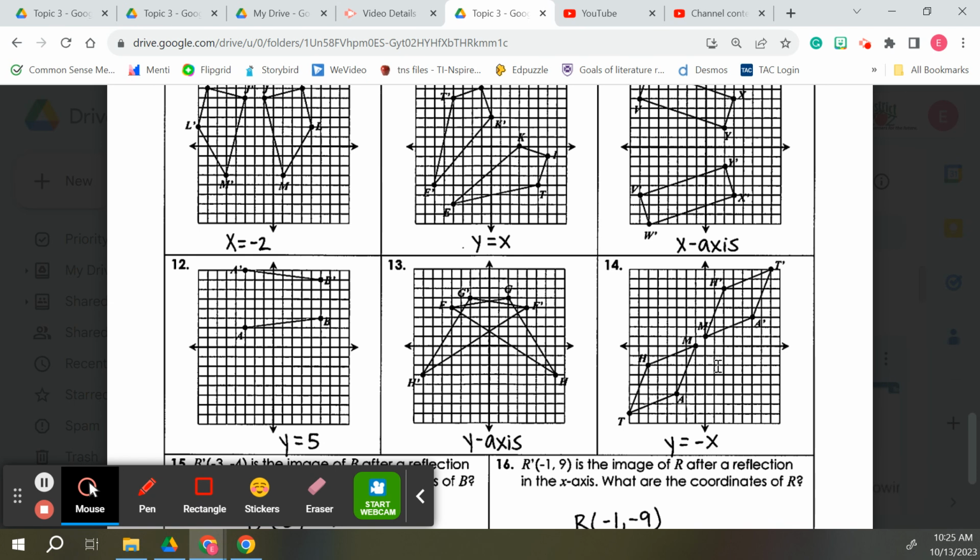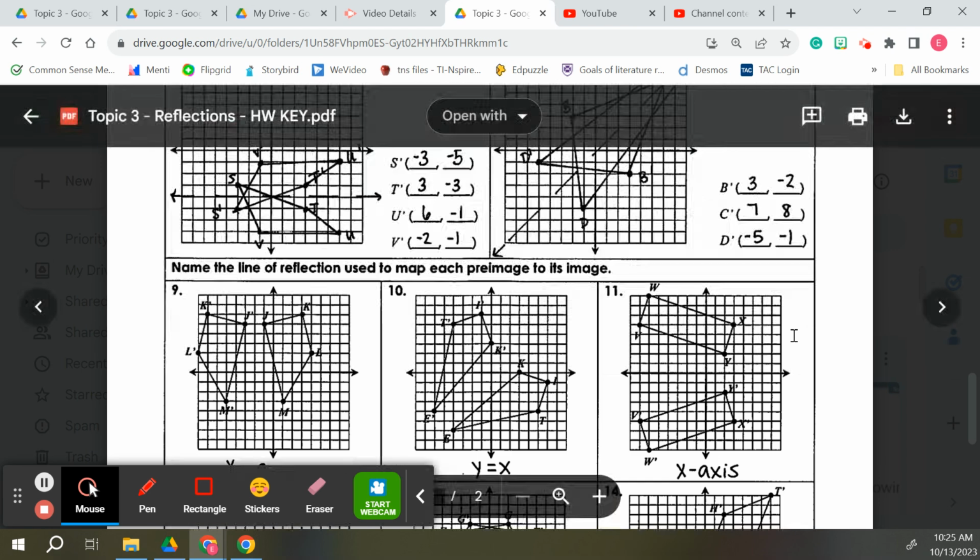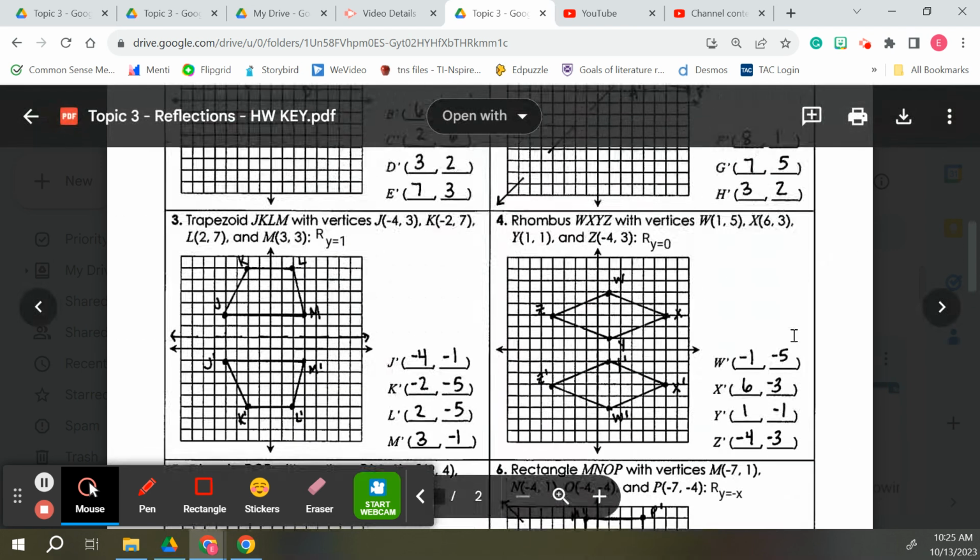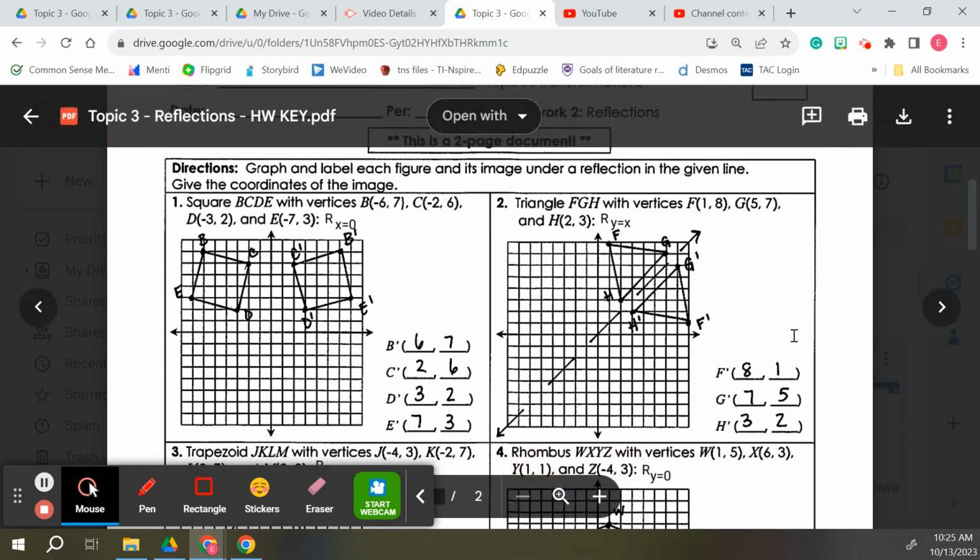Okay, we're going to go over the homework next since we're already on that page. So let's check out all those problems you were supposed to do last night, okay? And then let me know if you have any questions. So take a look at number 1 and just number 1. You guys didn't have 2.